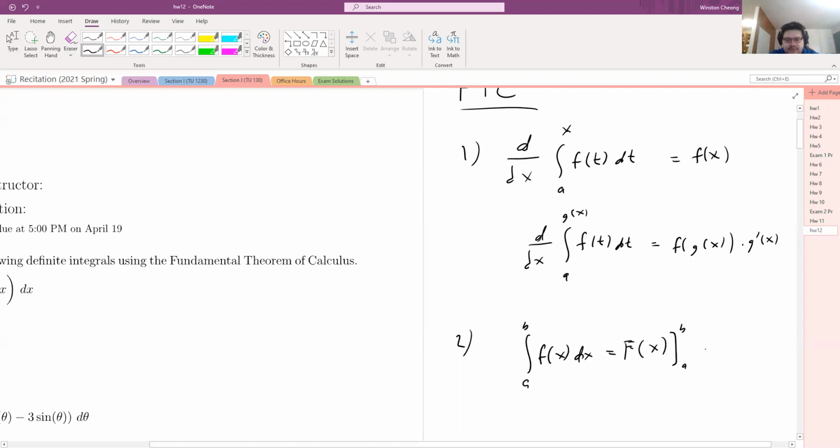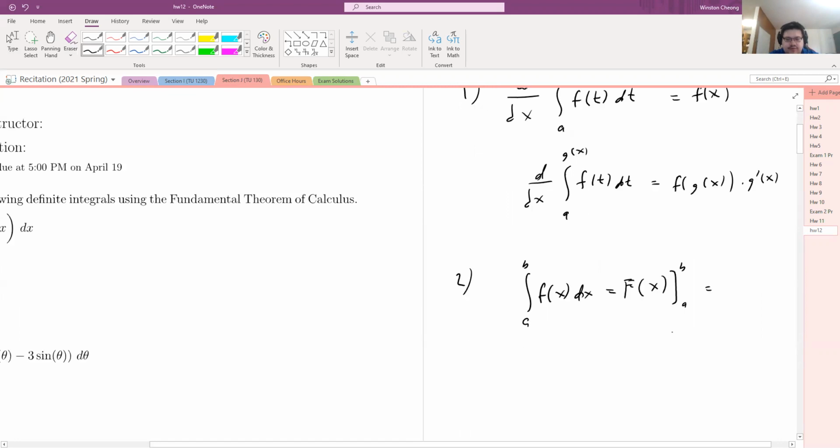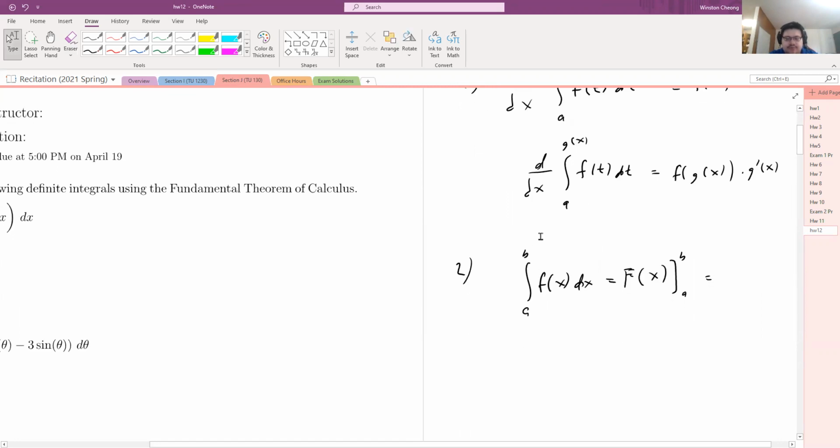So this capital F, if you can compute the antiderivative, then you can compute the definite integral by evaluating and then subtracting off. That's just capital F of b minus capital F of a. This is actually the usual way that we calculate these definite integrals, right?